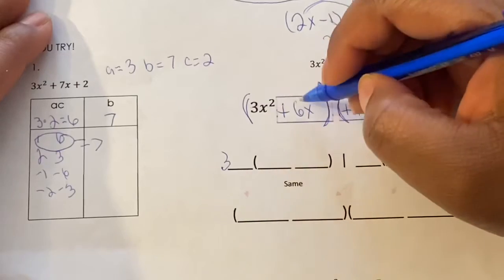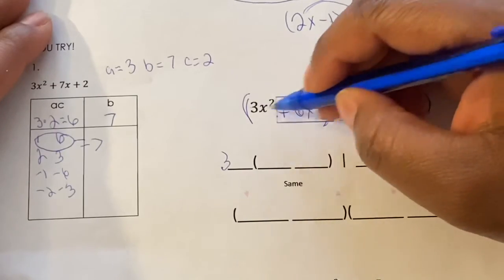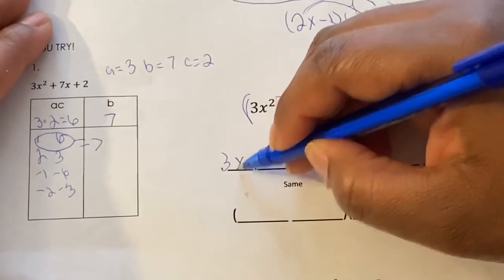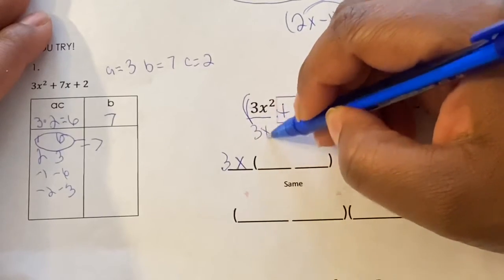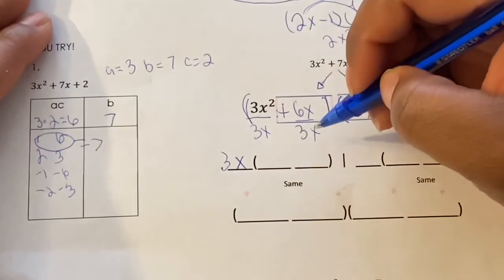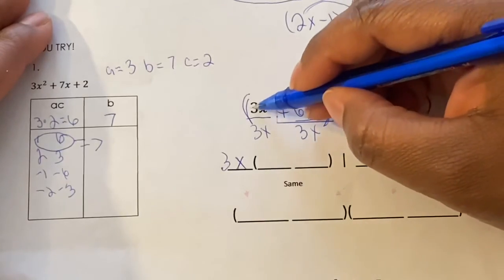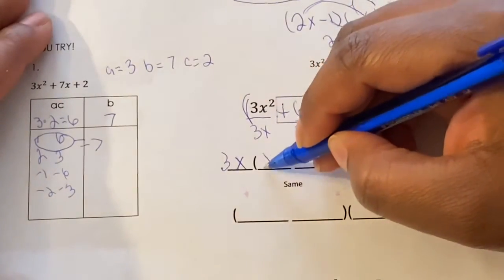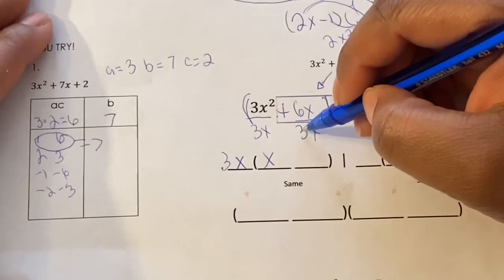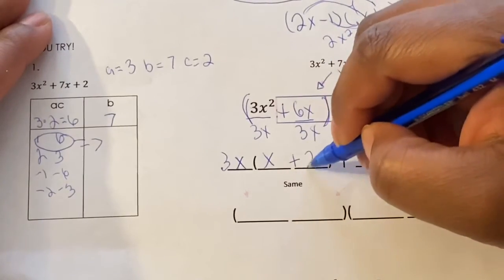Greatest common factor of the numbers is 3, and the greatest common factor of the variables is x. When I divide them both by 3x, I get 3x squared divided by 3x is x, and then 6x divided by 3x is positive 2.